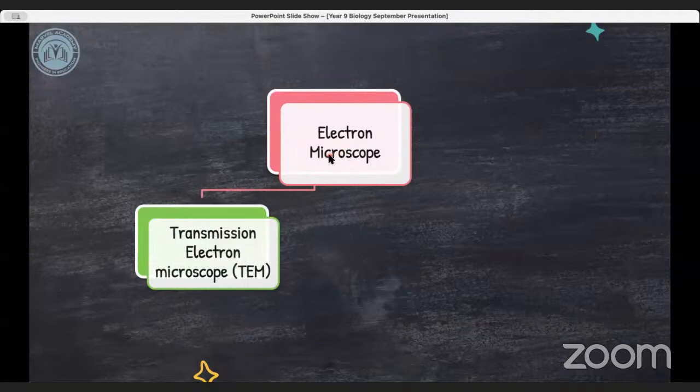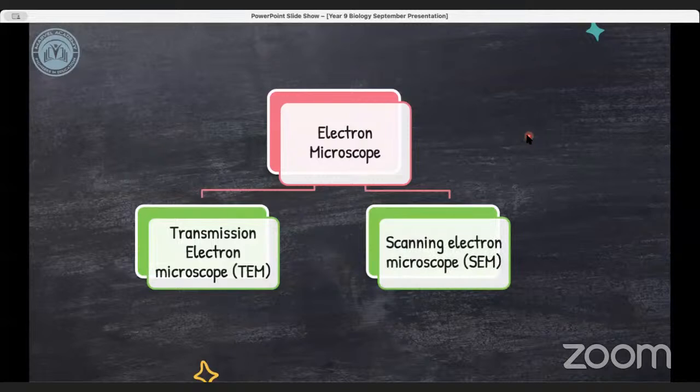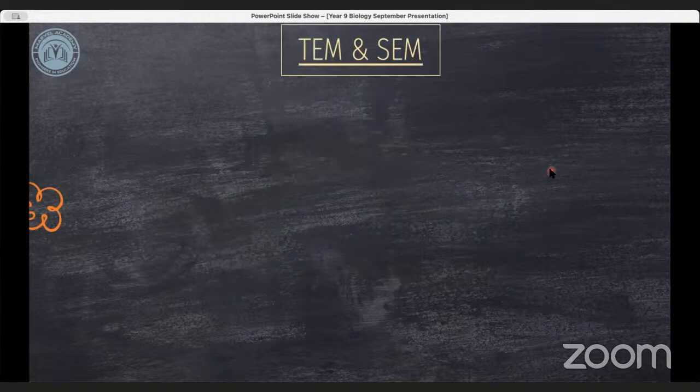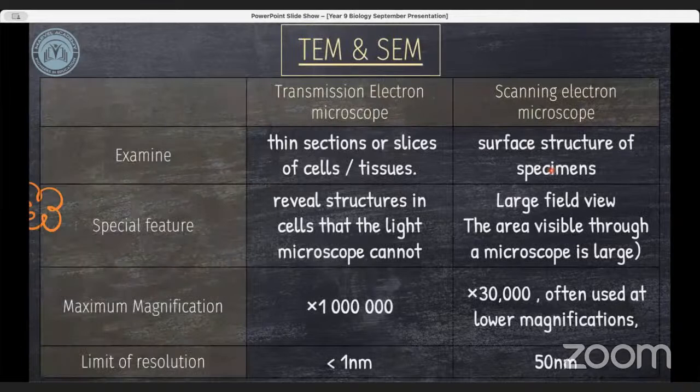Students, now about the electron microscope, I told you there are two types of electron microscopes, right? The transmission electron microscope and the scanning electron microscope. So let's pay our attention to this one. Let's go through this.